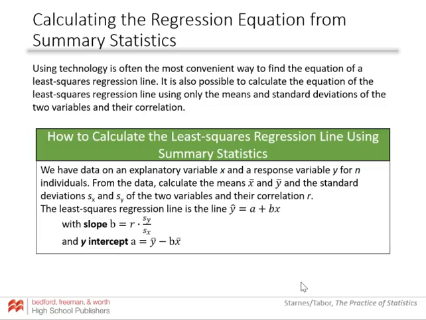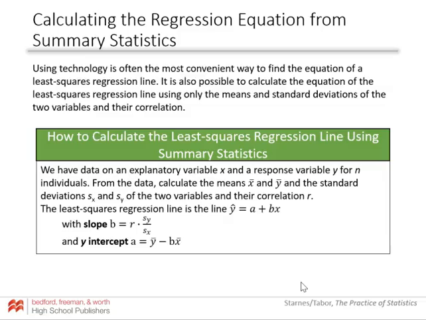There is one way that you may be asked to find the regression line, and that is using these two formulas that are on your formula sheet. The slope b is the correlation r times the standard deviation of all the y variables divided by the standard deviation of all of the x data.